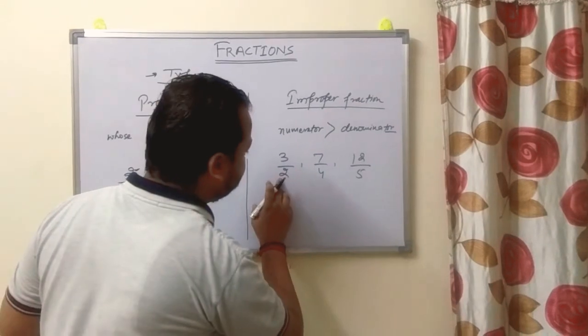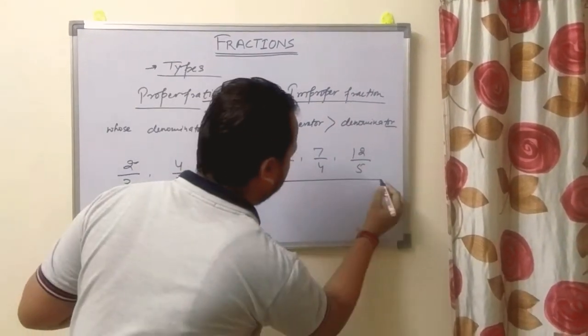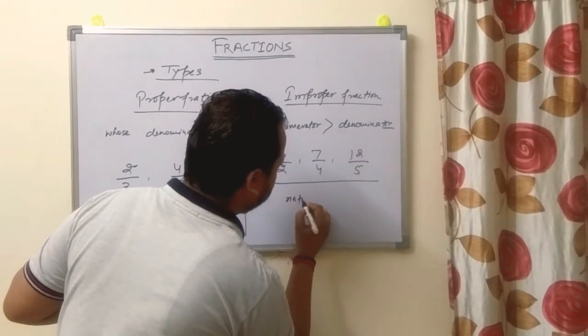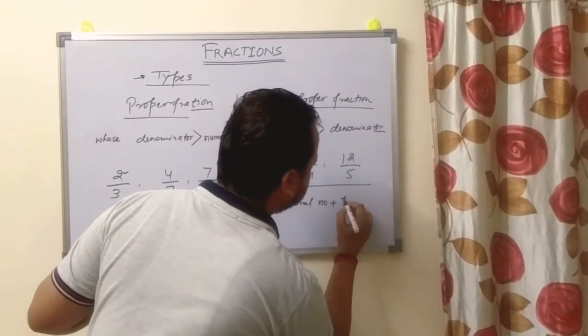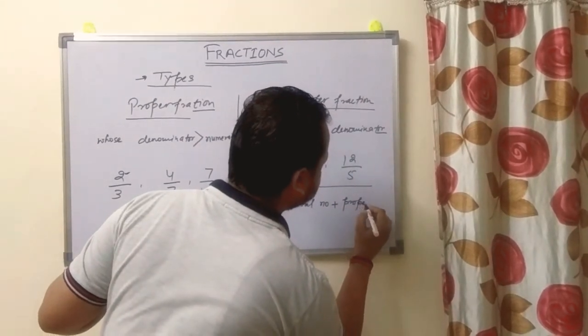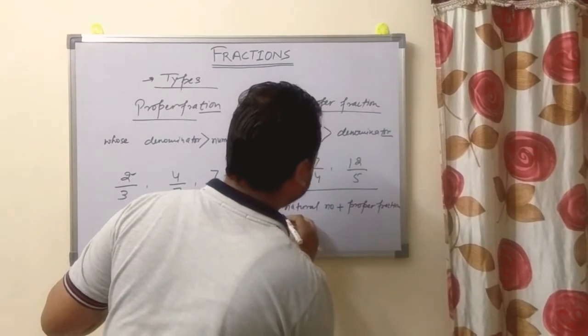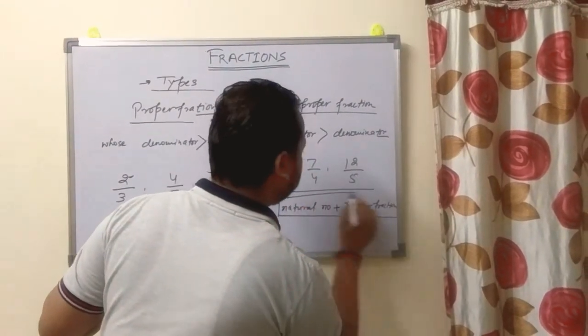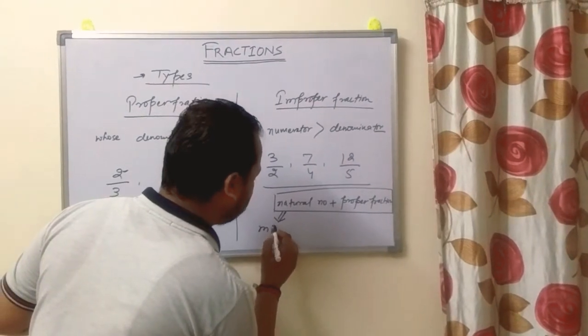And when we convert an improper fraction into the combination of natural number plus proper fraction, this is known as mixed fraction.